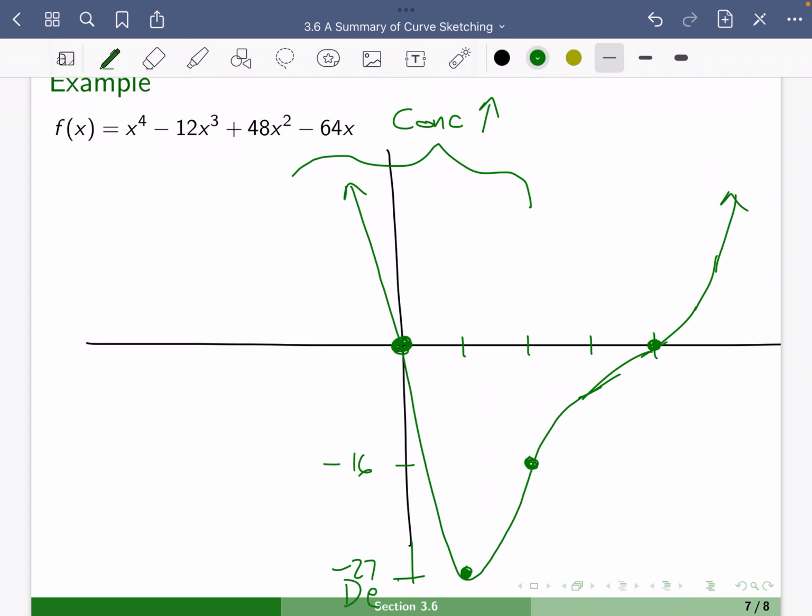It's decreasing up to this point. Then it's increasing from that point on. It is concave down here, and then concave up. And that is our example.